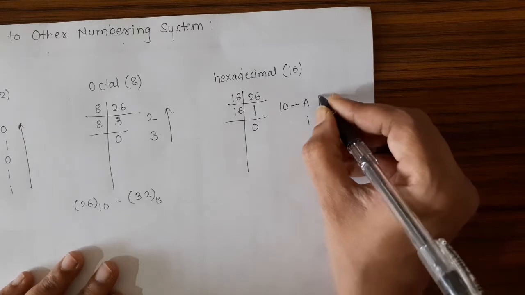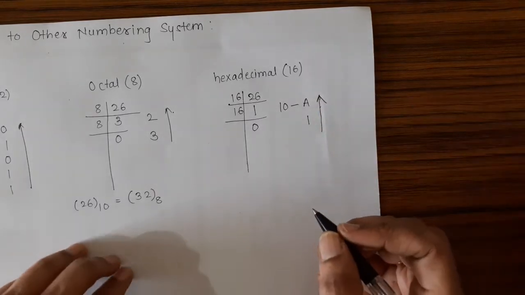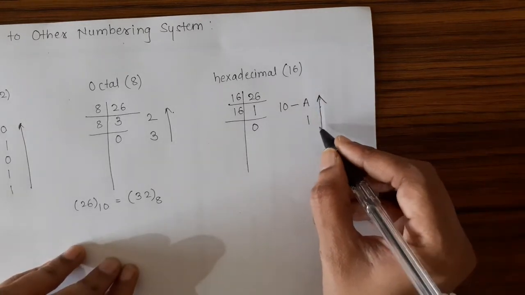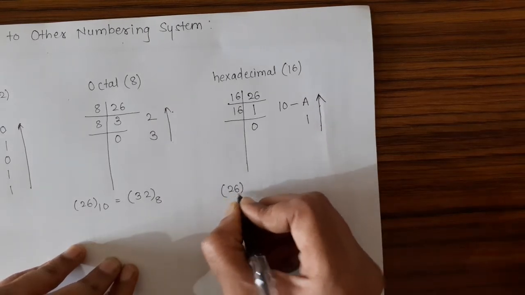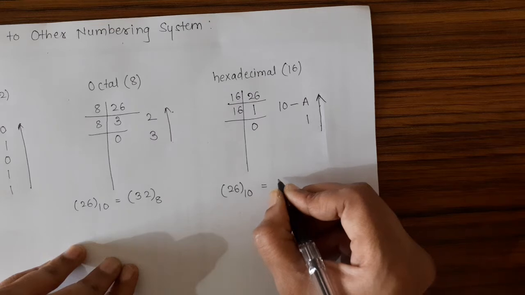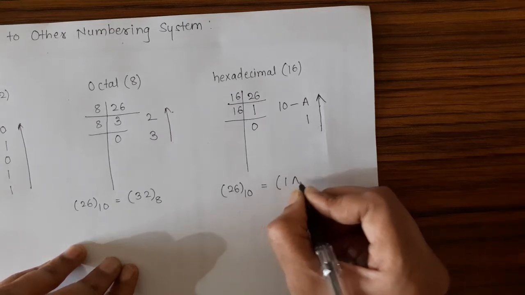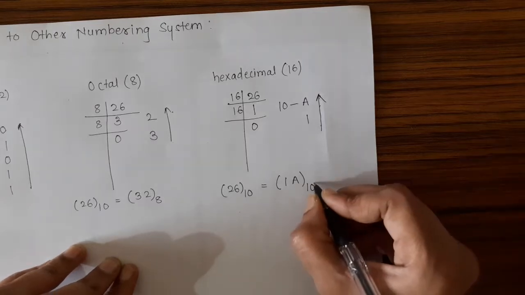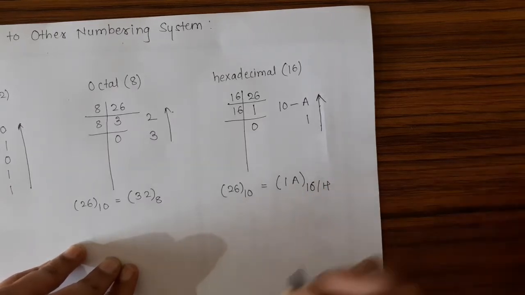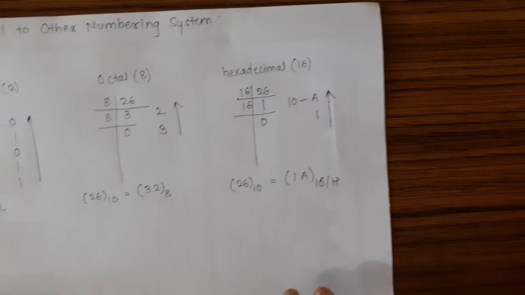Similar to binary and octal, we'll track the result from bottom to top. So 26 equals 1A in hexadecimal, base 16 or base h.